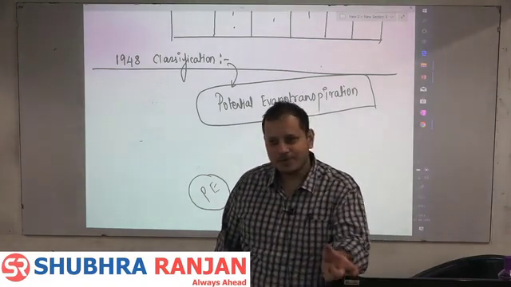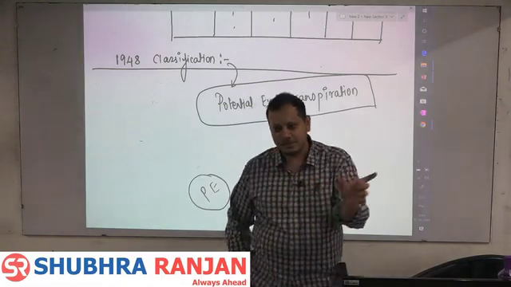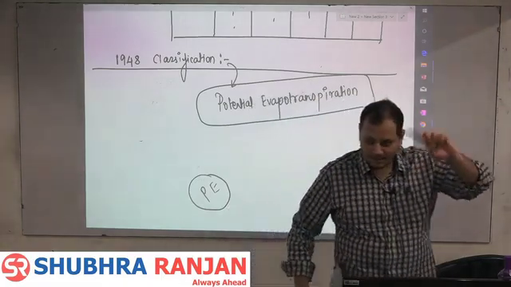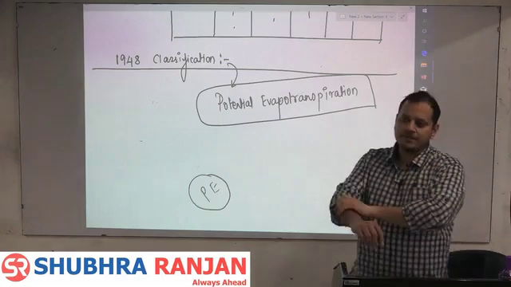So both come in potential evapotranspiration. Earlier both were his indices. Getting it?